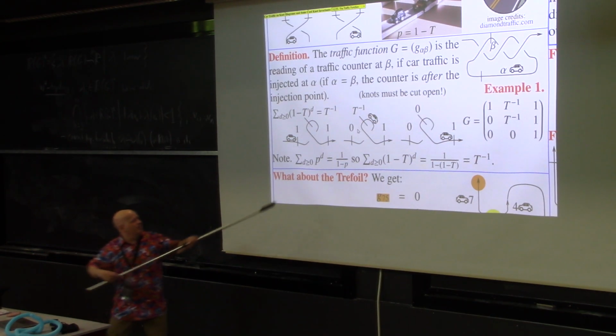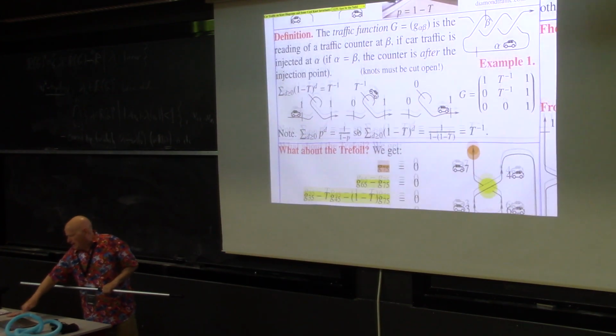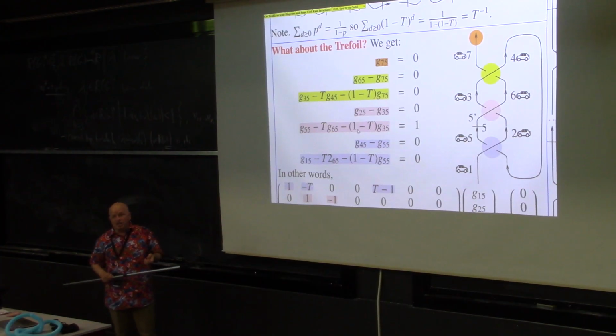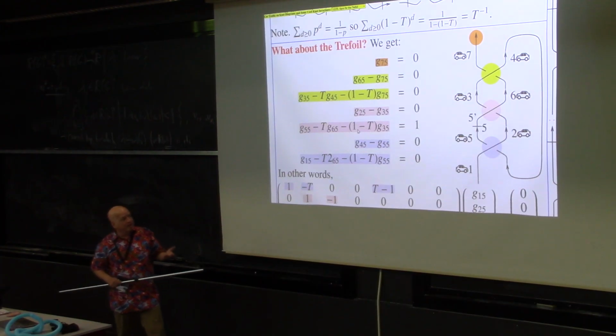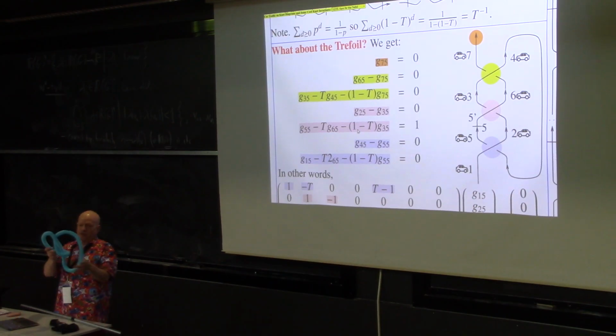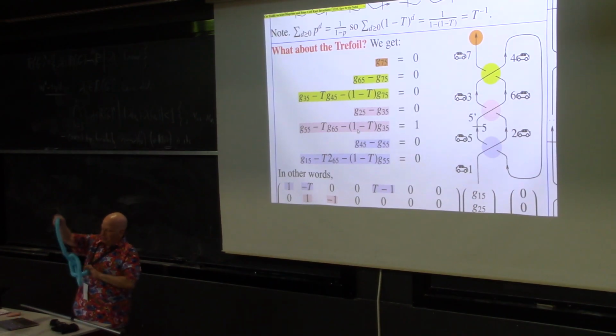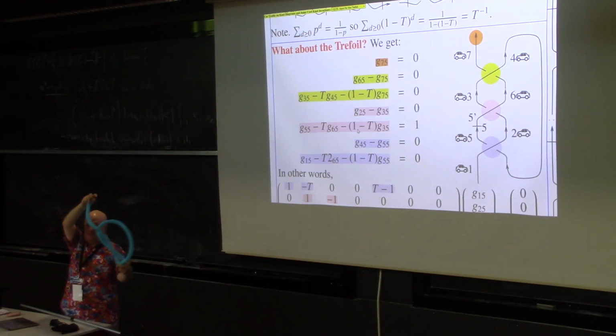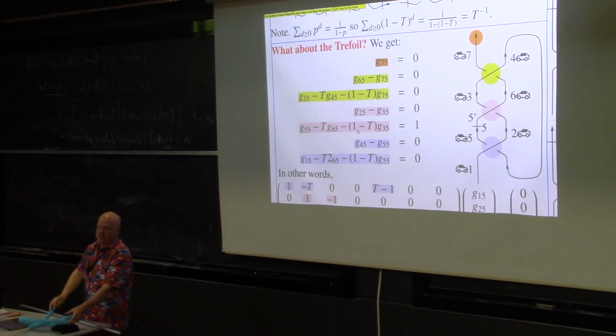Well, that was a particularly simple example. Let's figure out the traffic function for a more complicated knot. So I take the trefoil knot. This is the trefoil knot that you've seen before, and I cut it open, and I hope this looks more or less like the thing in the picture there.